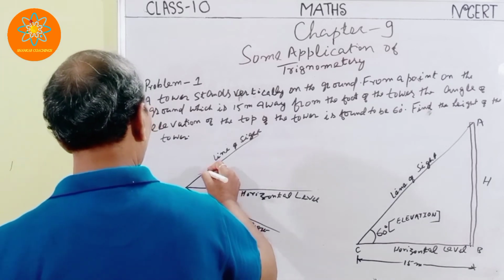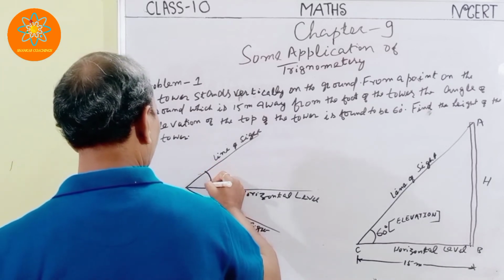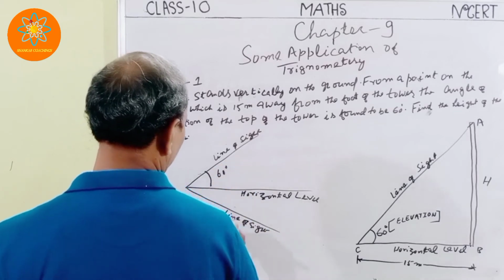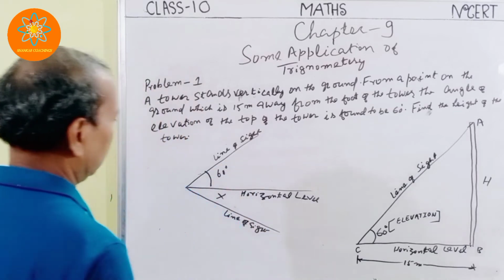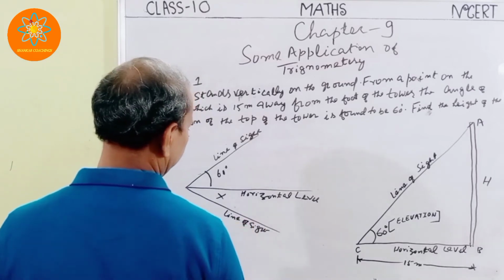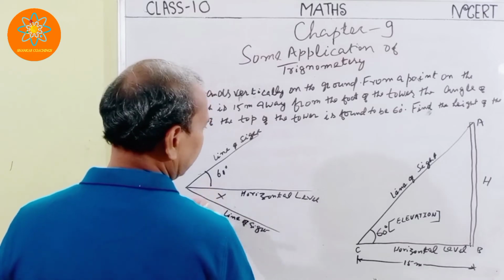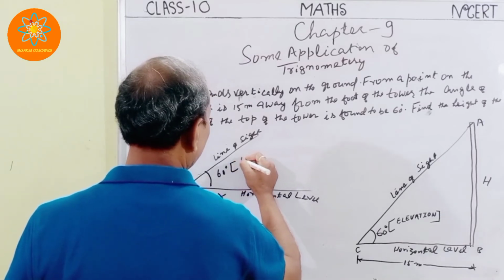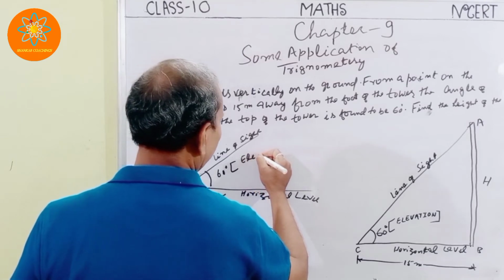So this angle will be your 60 degree. Okay, this is not. We will consider this angle, that is nothing but your elevation angle.